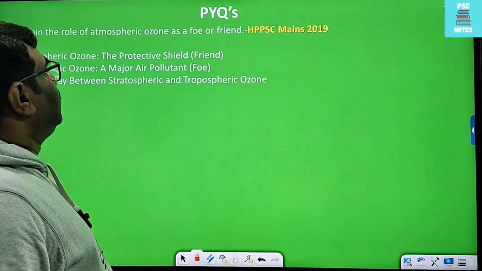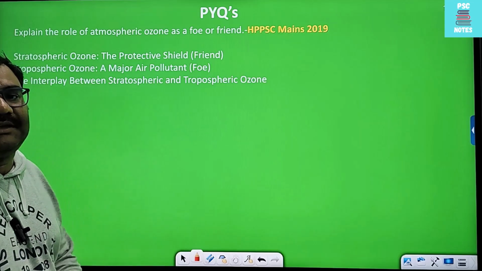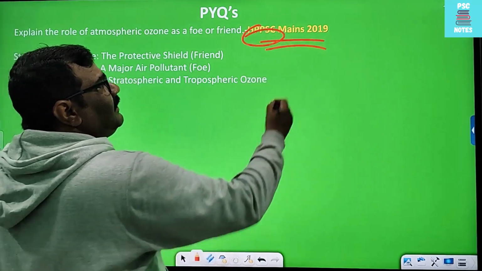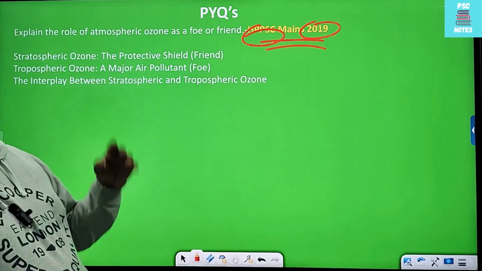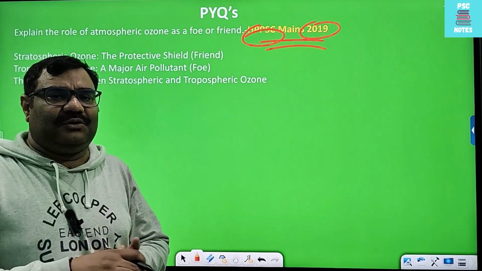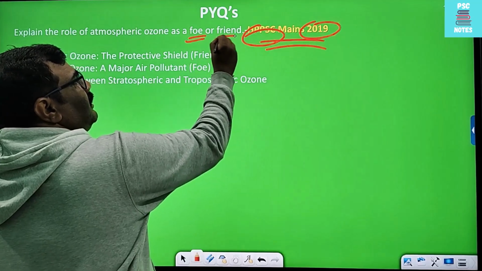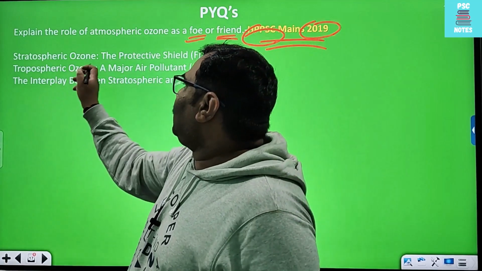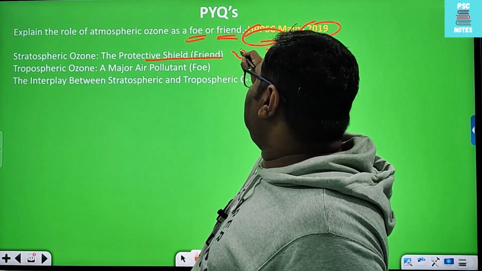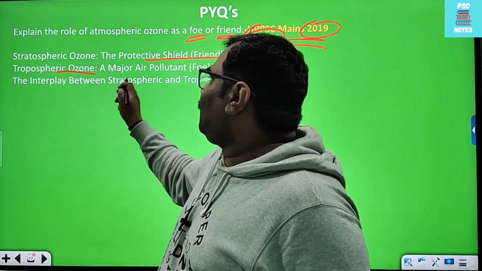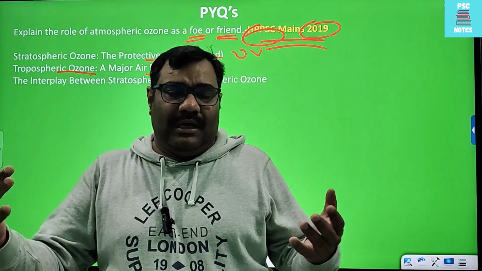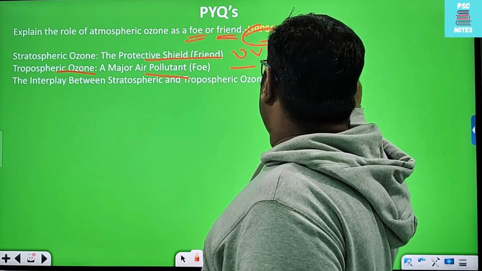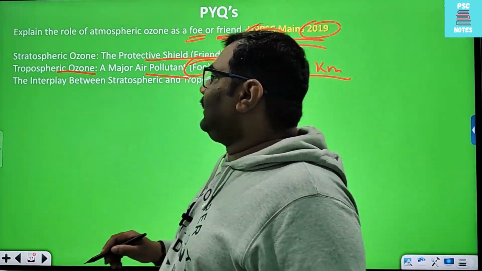Now coming to the next question, which was asked in the HPPSC, Himachal Pradesh Mains 2019. This is a similar question. Explain the role of atmospheric ozone as foe and friend. The friend is the stratospheric ozone, which protects us from harmful ultraviolet radiation, while tropospheric ozone, which is present at ground level from 0 to 10 kilometers, is a pollutant and a foe.